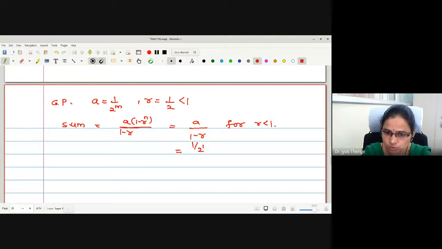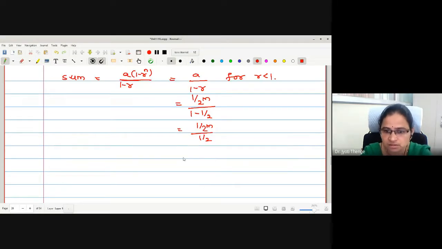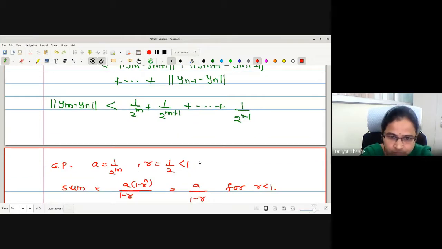This is 1 upon 2 raised to m upon 1 minus 1 by 2. 1 minus 1 by 2 is 1 by 2. Therefore, this is 1 by 2 raised to m upon 1 by 2. Therefore, 1 power will be decreased, so it is 1 upon 2 raised to m minus 1. Can I write directly in this statement?